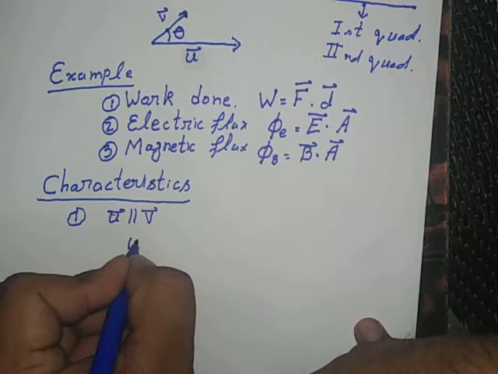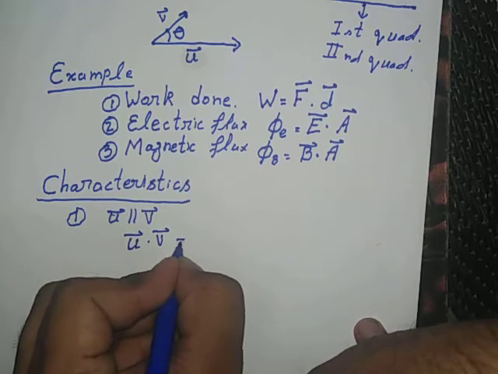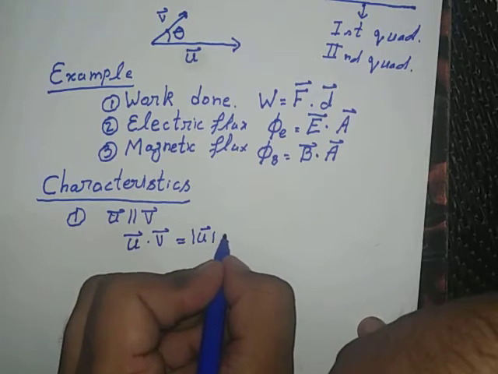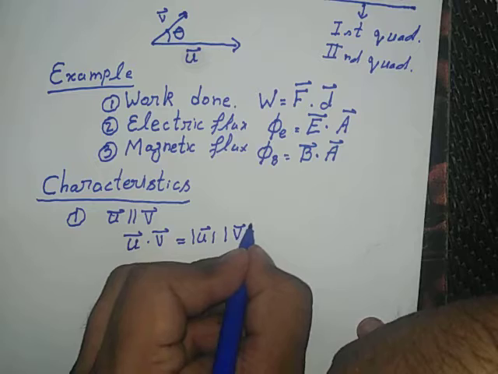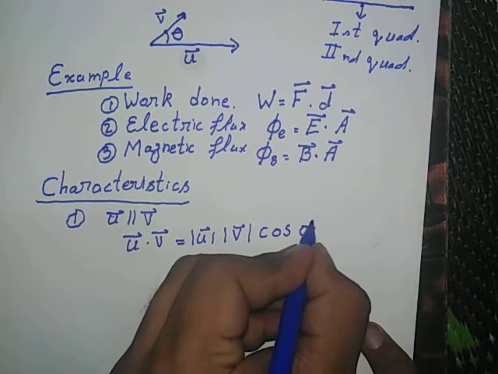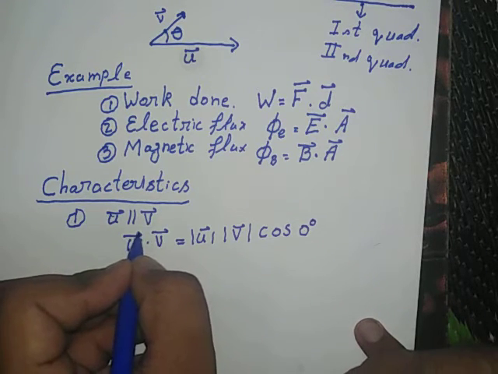So u dot v is equal to the magnitude of u times the magnitude of v times cos of 0 degree.